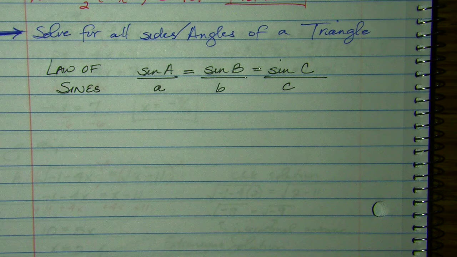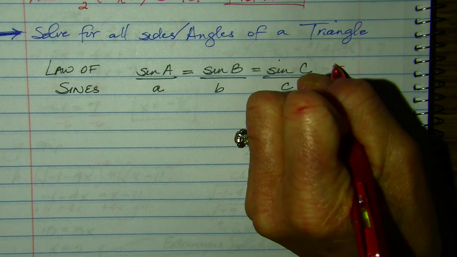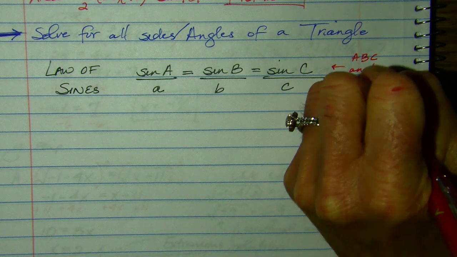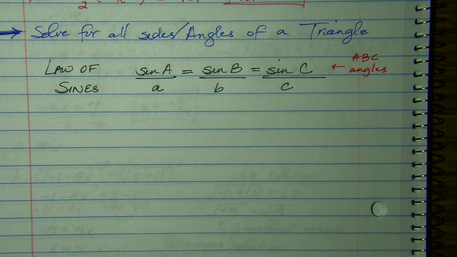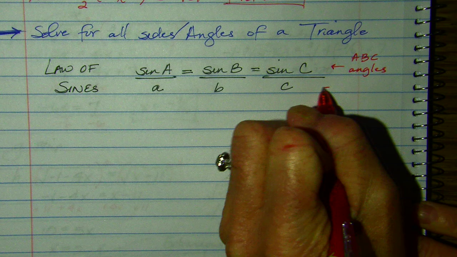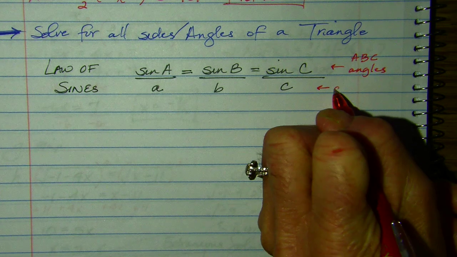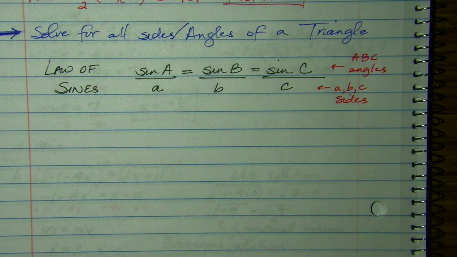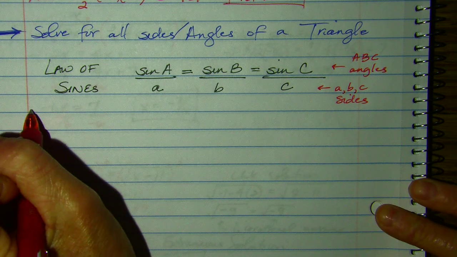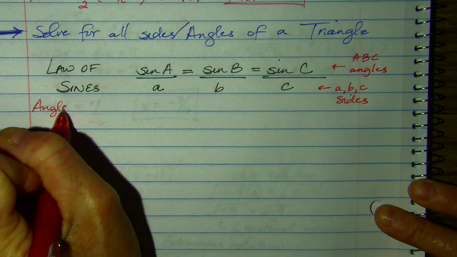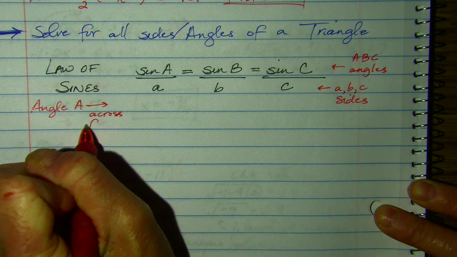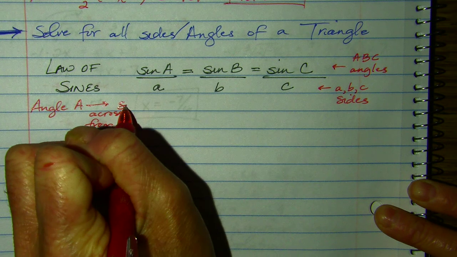So I'm going to label this. The top part, the capital A, B, C, represents angles. So your capitals represent angles. The lowercase a, b, c represents your sides. Now, angle A should be across from side a.